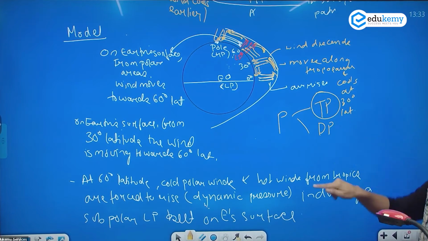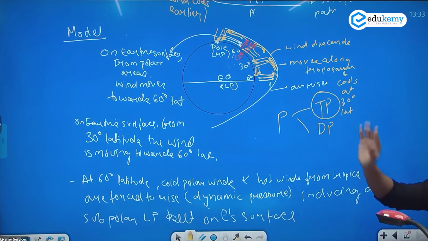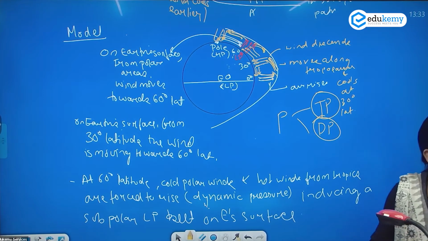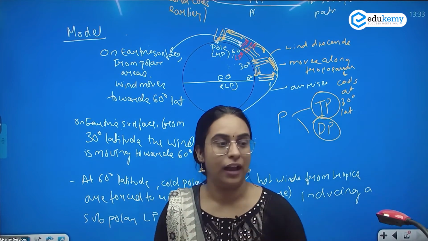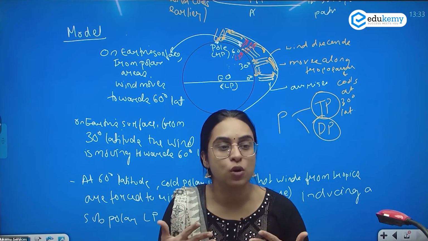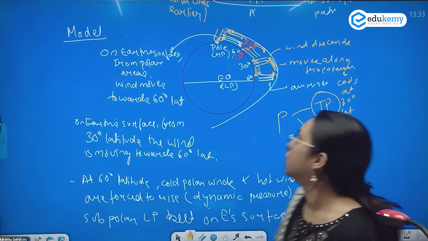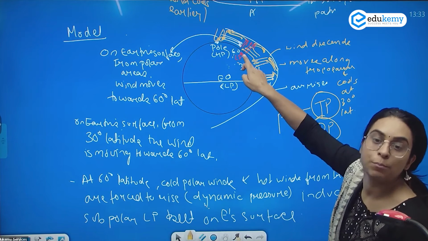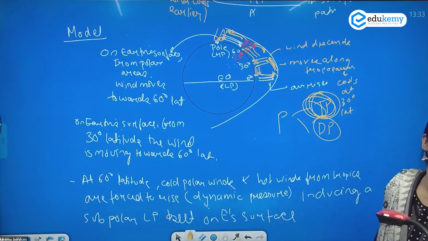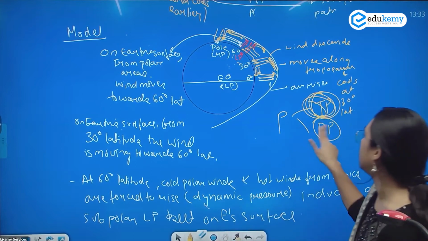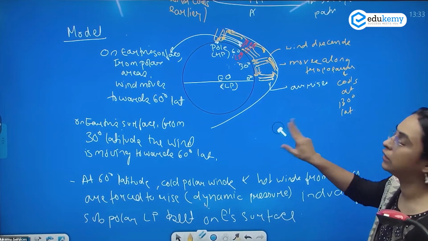Thermal pressure क्यों होता है? क्या जगह गर्म है कि ठंडी है? उसके बेसिस पे प्रेशर डिटरमाइन होगा. डायनेमिक प्रेशर क्यों होता है? मूवमेंट ऑफ विंड के कारण होता है. डायनेमिक मींस देयर इज सम मूवमेंट, नॉट स्टैटिक. And why is this pressure? Because of the movement of the wind. So we have a dynamic pressure here because of the movement of the wind and not because of thermal reasons. So this is what we have drawn in the diagram.